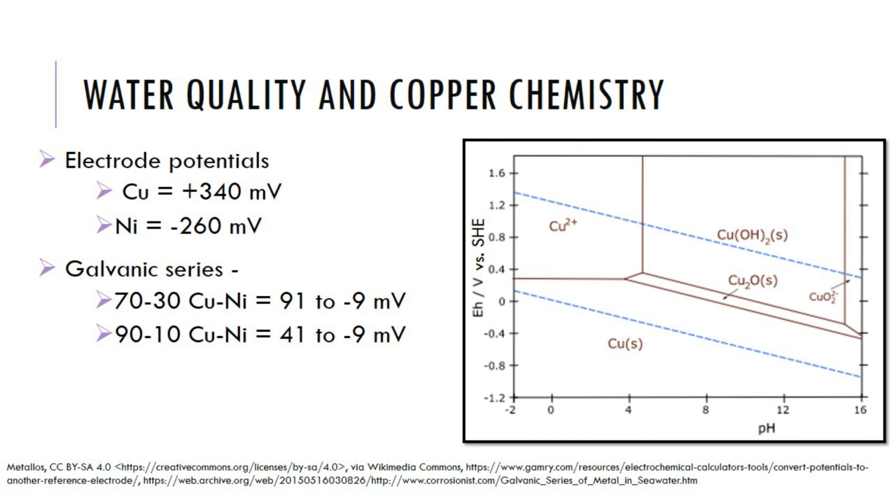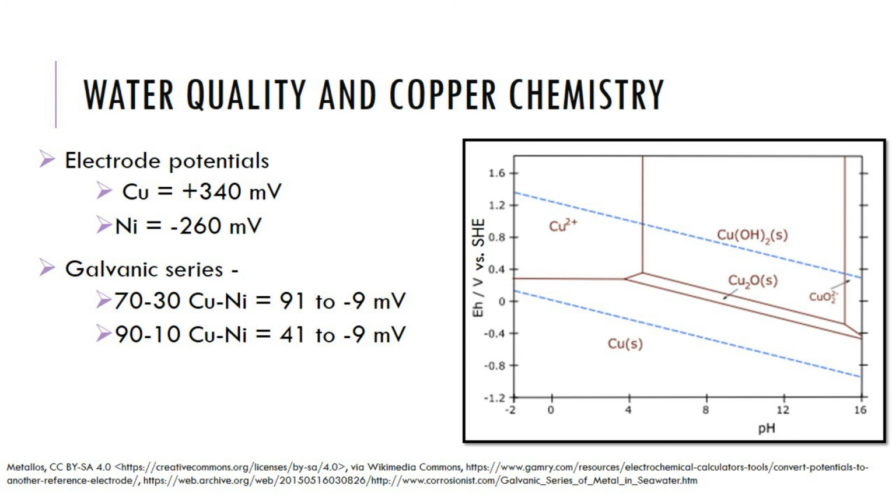Hence, for a potential of 91 millivolts and for a pH of 8, the compound that is obtained is in the transition region between copper hydroxides and copper oxides. Hence, for the materials shown in the previous water quality requirements, even if there is a small change in the pH, it will lead to a change in the compound formed by the copper in response to the environmental exposure that it is given.